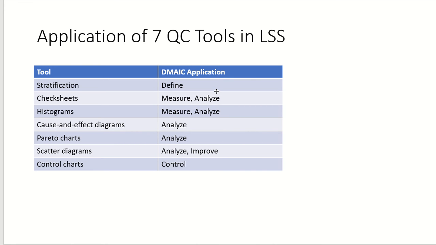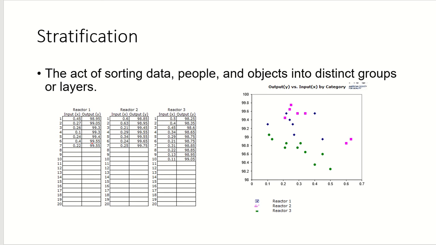For each phase of the Six Sigma process, there are tools you can use. Stratification: the act of sorting data, people, and objects into distinct groups or layers. Here, you have different sources, reactor 1, reactor 2, reactor 3.